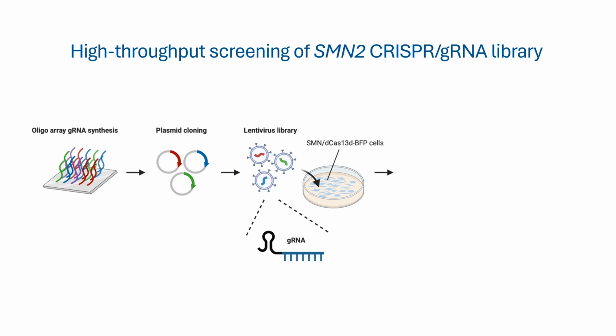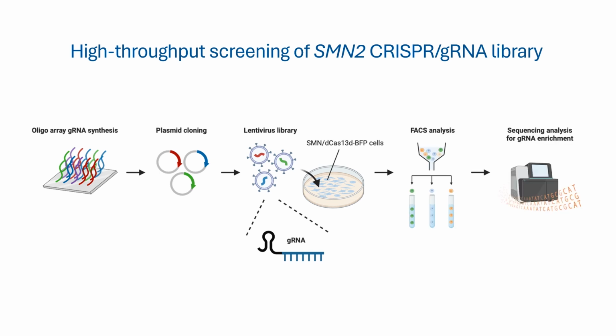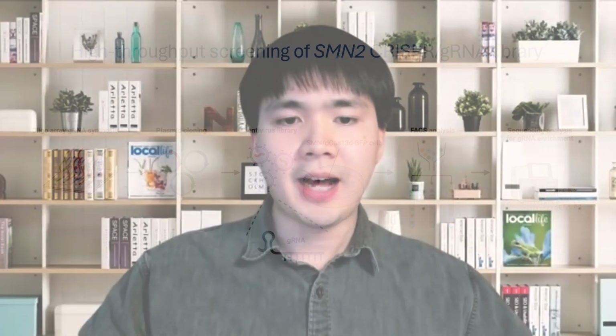By sorting transduced cells based on RFP intensity, we are able to determine the sequence of guide RNAs enriched in cells with extreme fluorescence signals. As a side note, the code for sequencing analysis is available on our lab's GitHub page. I've written it specifically for our study, but it is also applicable to other experiments with a similar format.